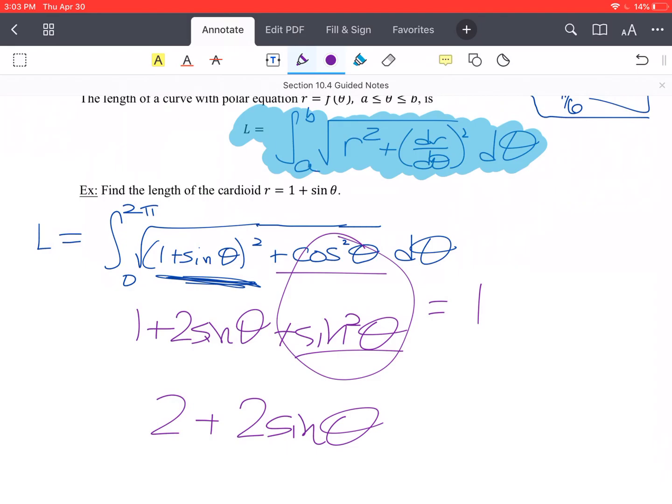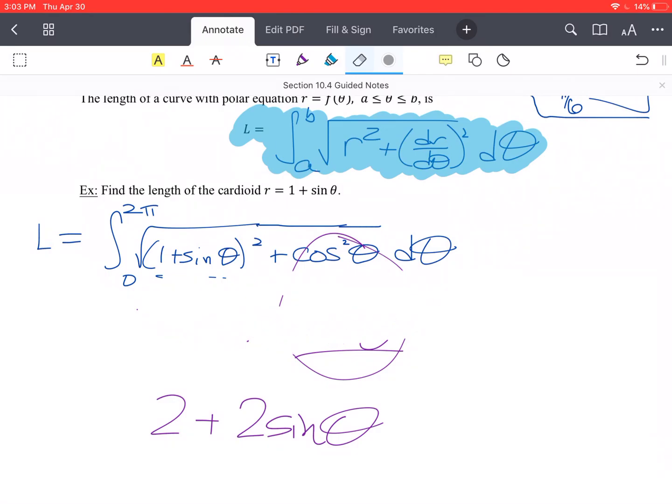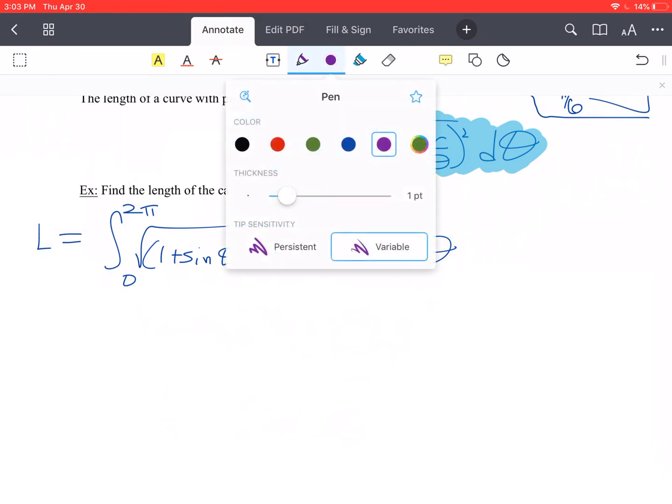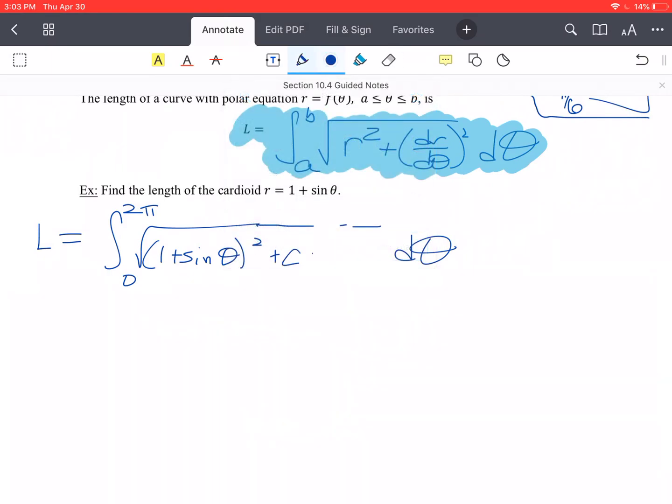If you want to pause and mark that down, I'm going to erase it now so we can move on to the next step. So we're going to get 2 plus 2 sine theta by simplifying this algebraically, plus cosine squared theta.